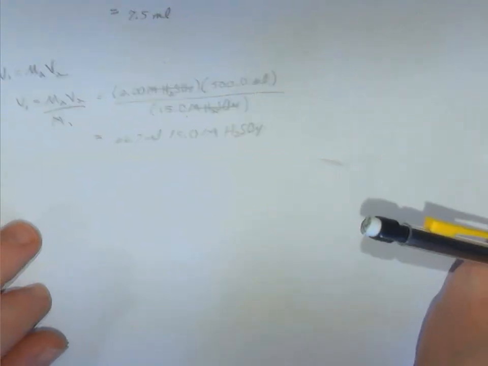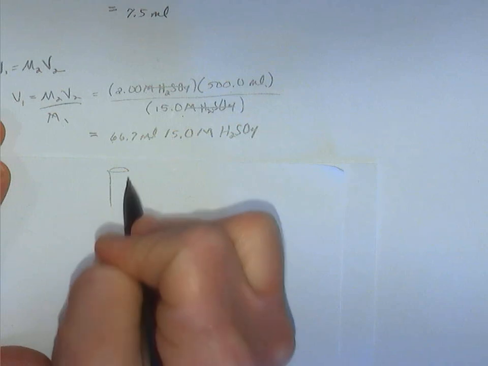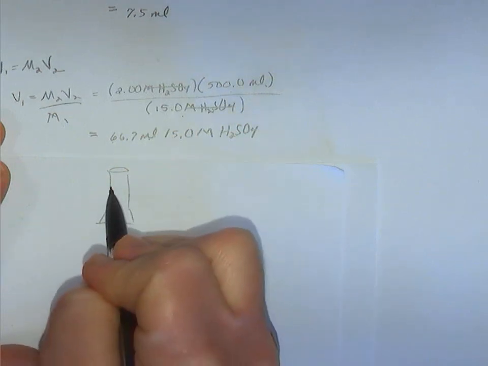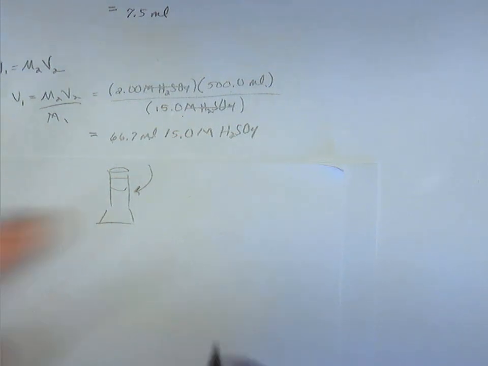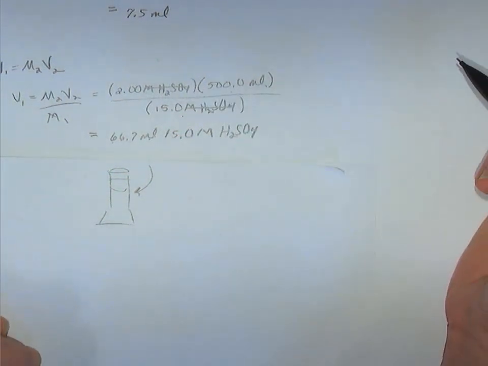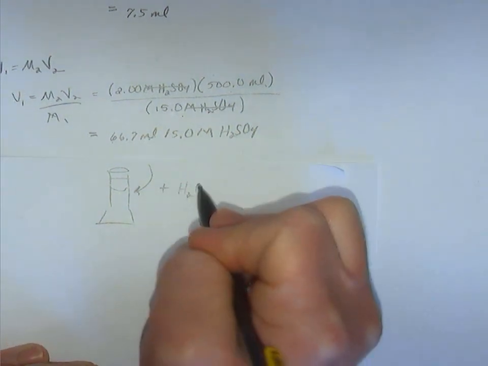But what do we do with that? Do we just simply take a graduated cylinder, measure our 66.7 milliliters, and then we have our 2 molar solution? Well, of course not. We need to add water. But how do we know how much water?